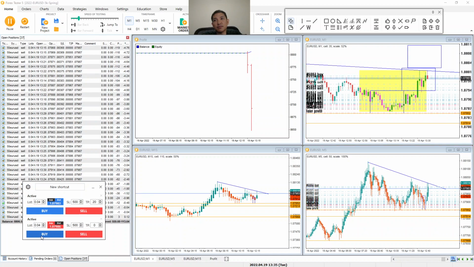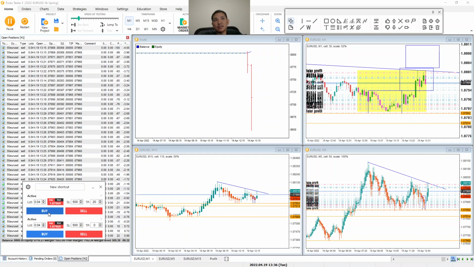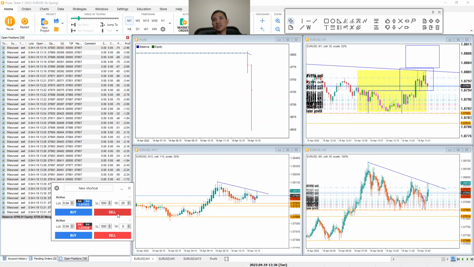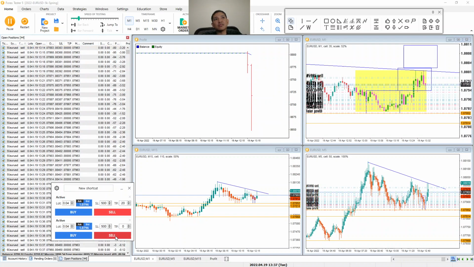So based on this, I'm going to add my buys, and it's negating. So this could be it as far as the turn. So I'm going to take off my buys. I only added a few right there just as a safety, and then I add my sells to pay for it.